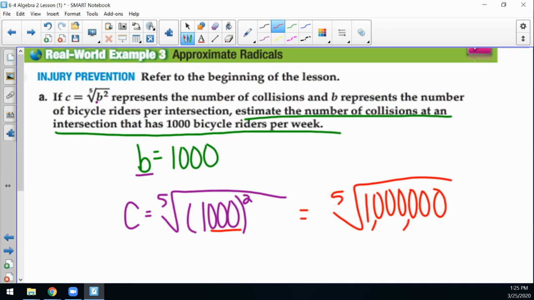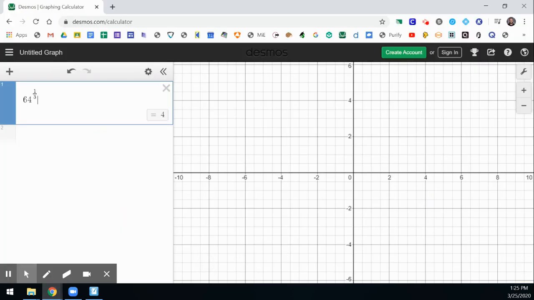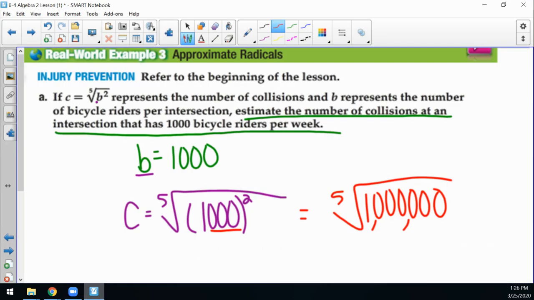So again, I can go to Desmos, and say 1,000,000 to the power of 1/5 is going to be this number right here, 15.8, blah, blah, blah. And we could write that down as our answer. We would say that it's equal to 15.8, whatever, okay?